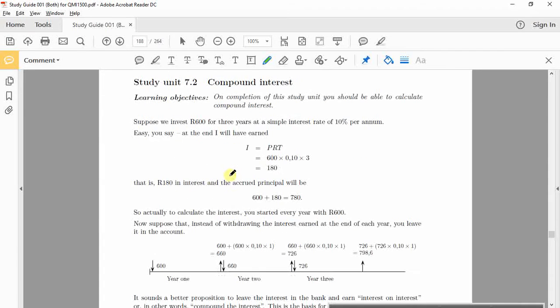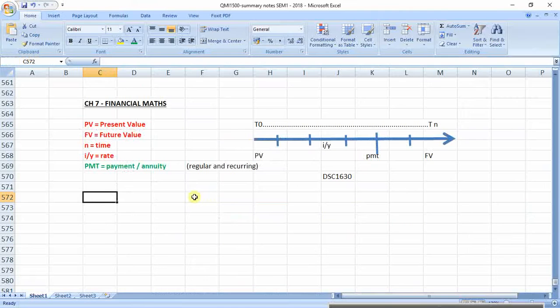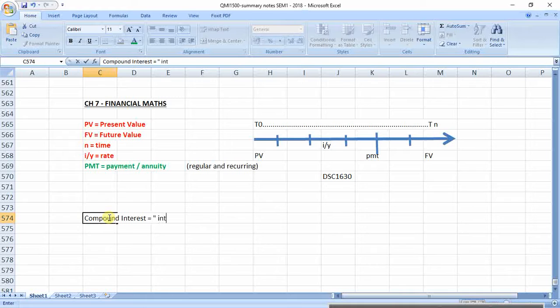And then we've got compound. Compound is the most important one. Why? That's the most popular, because nowadays everything is compounded. Compound interest is just interest on interest. That's what it is. So what does that mean?